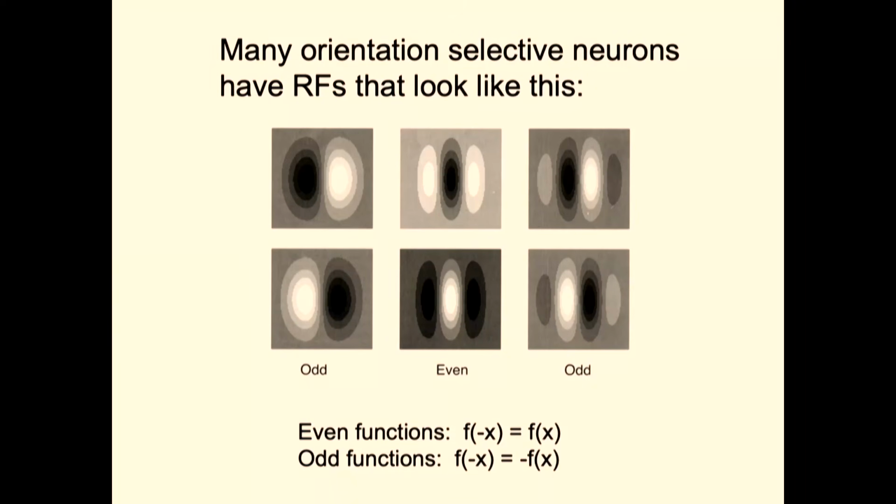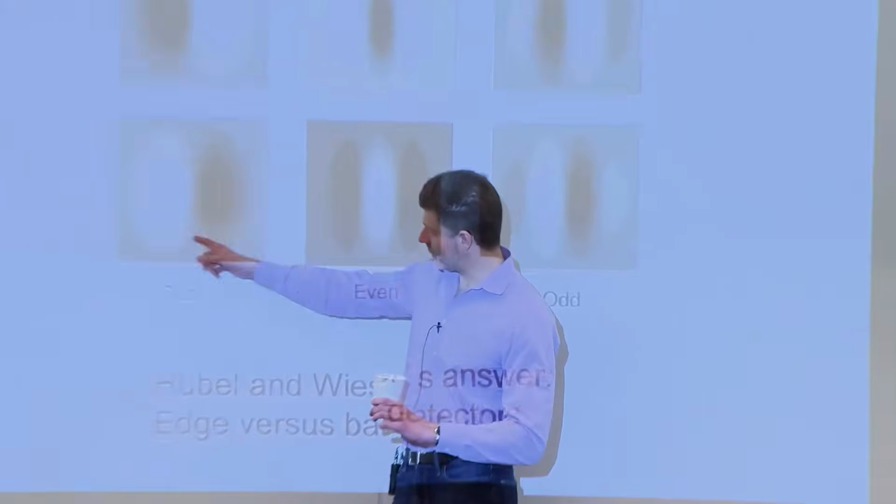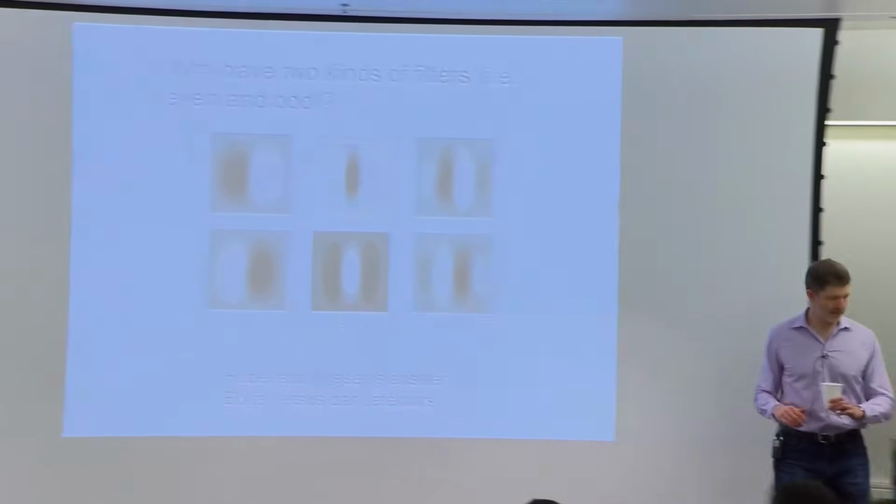You might wonder, why do we have these different types of receptive fields? In the early days, the people who initially discovered orientation selectivity, Hubel and Wiesel, tended to interpret these receptive fields with intuitive verbal descriptions. They would talk about these kinds of receptive fields as edge detectors and these kinds as bar detectors.